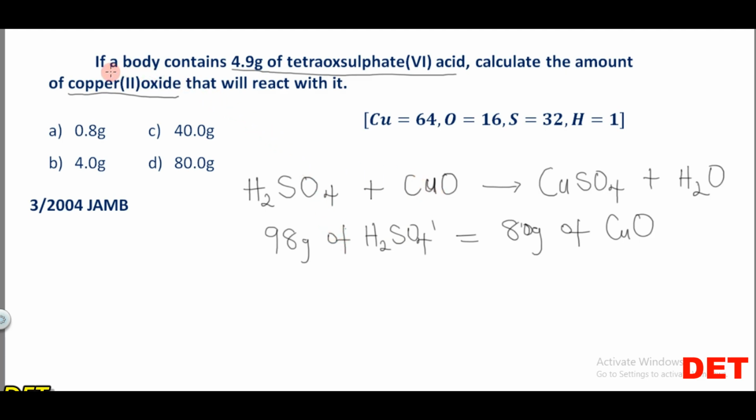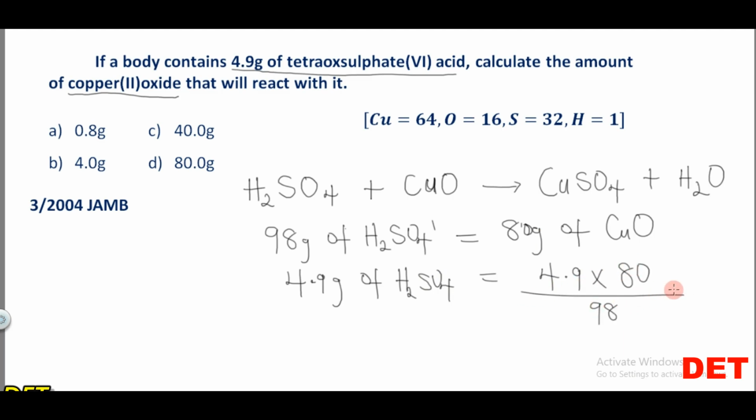The question again is, if a body contains 4.9 grams of tetraoxosulphate(VI) acid, calculate the amount of copper(II) oxide that will react with it. So if 98 grams of the acid is needed to react with 80 grams of copper(II) oxide, then 4.9 grams of H2SO4 would require 4.9 times 80 divided by 98 grams of copper(II) oxide.